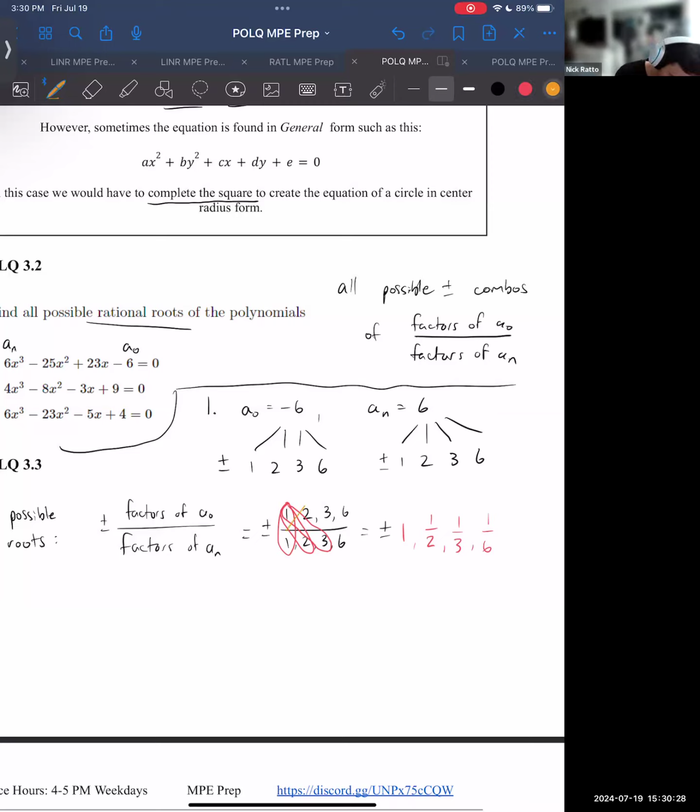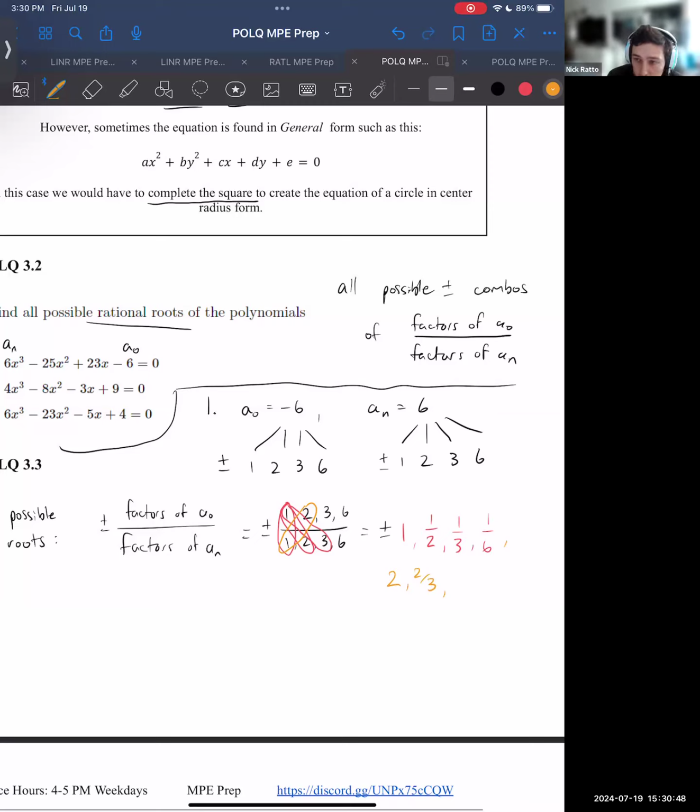Then we move on to 2/1. It's going to give us 2. 2/2 is just equal to 1, which we already have. 2/3 gives us 2/3.